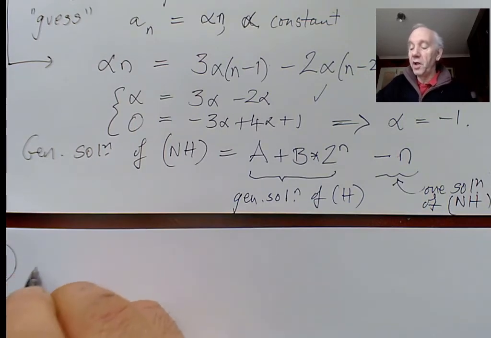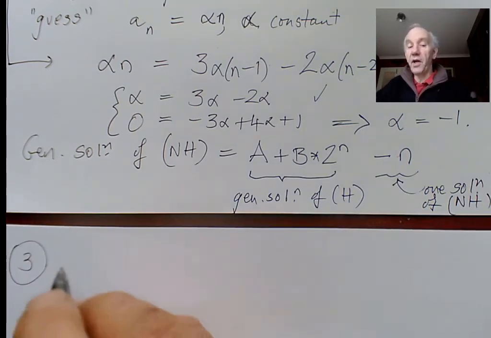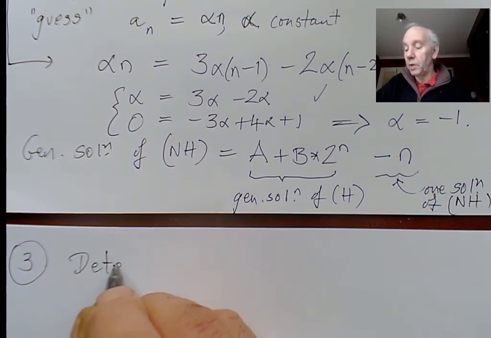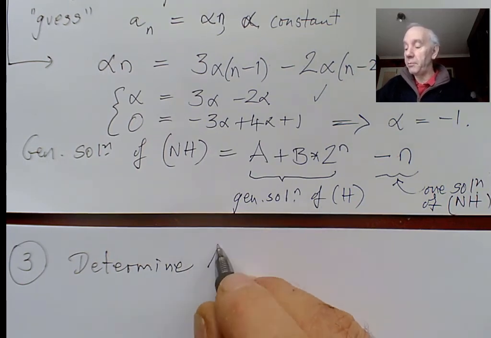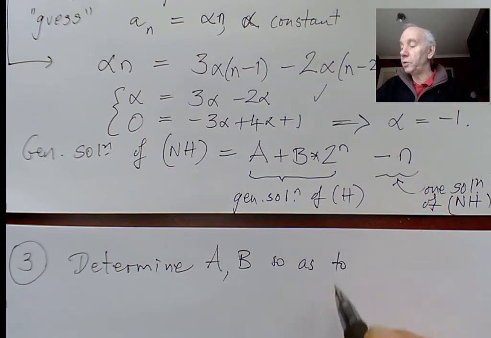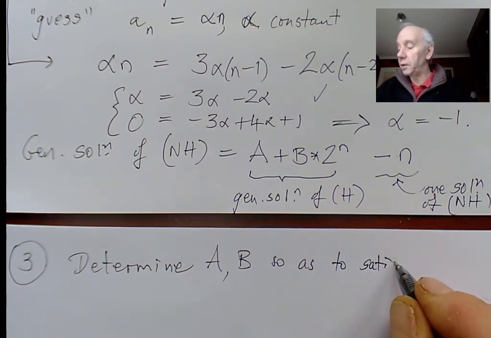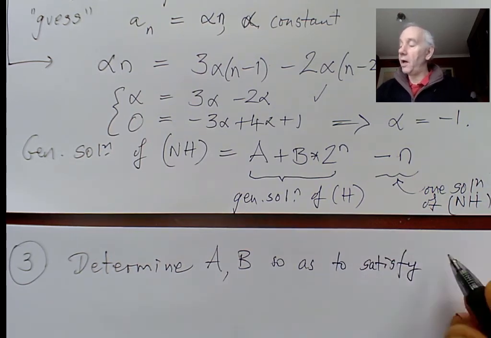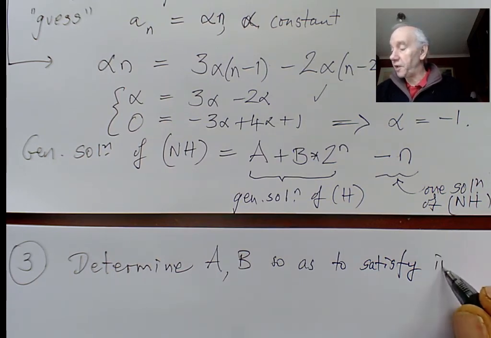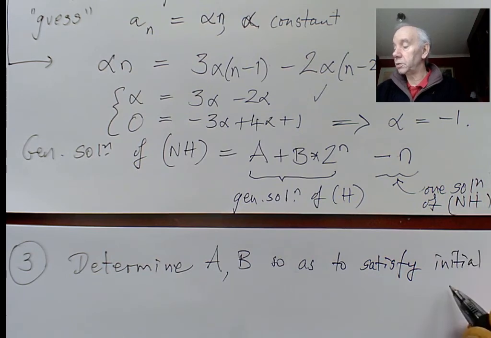The third step is to determine the arbitrary constants that we still have in here, A and B, so as to satisfy the initial values.